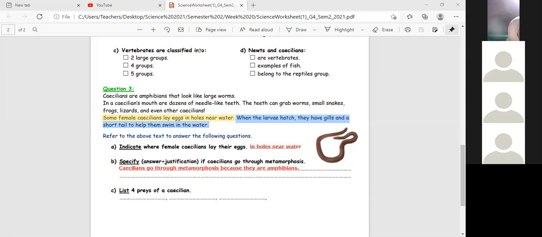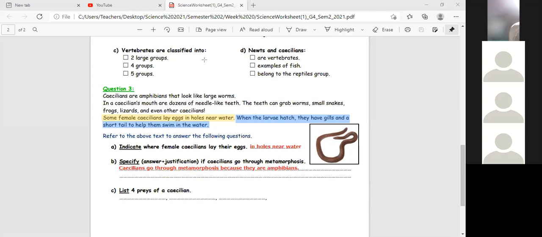But do you think that adult amphibians use their gills to breathe? No, they lose their gills when they grow. This shows that they go through metamorphosis. They change. Baby caecilians live in water and have gills to breathe.